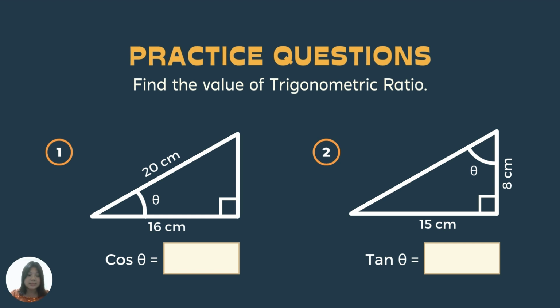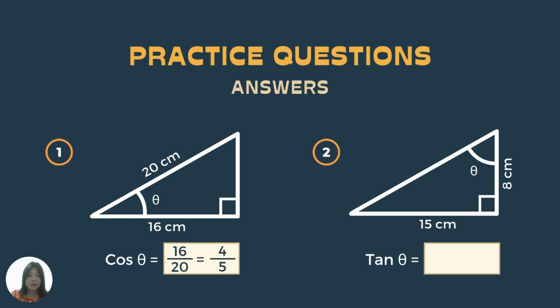We know that SOH CAH TOA, so cosine is adjacent side over hypotenuse side. So it will be 16 over 20, that is 4 over 5.